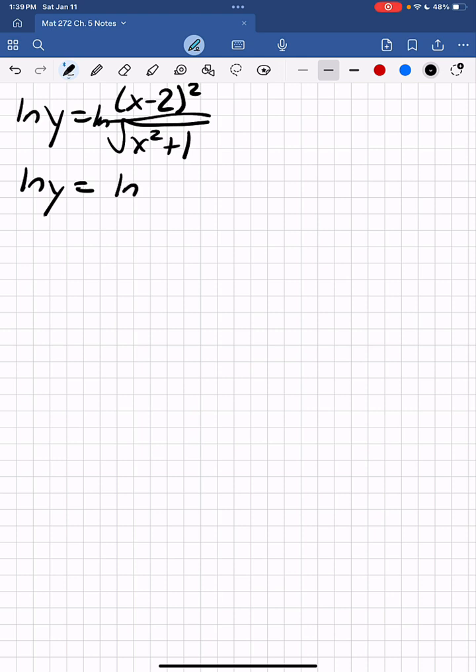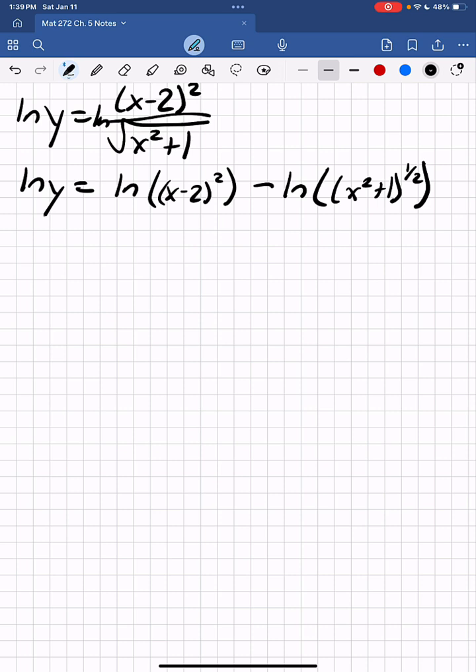So I can say, well, this is the natural log of x minus 2 squared minus the natural log, and I'm going to go ahead and rewrite that square root as a fraction, x squared plus 1 to the 1/2 power. All right.